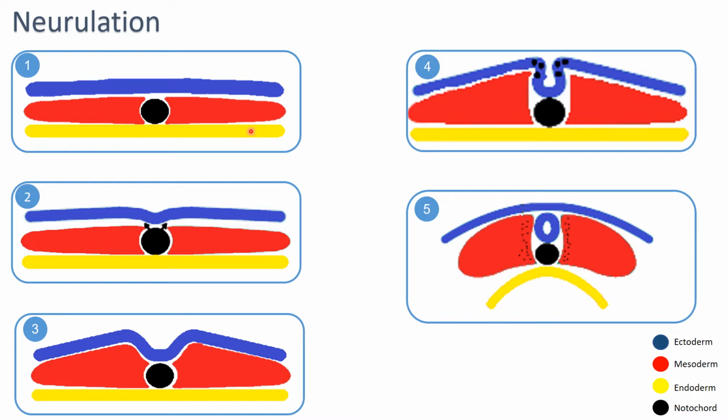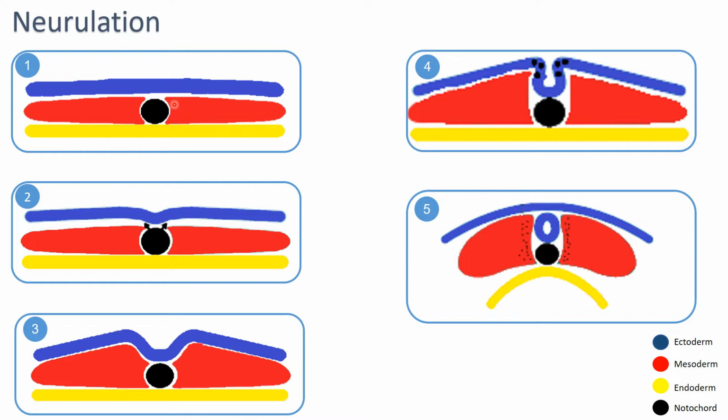And in yellow, you have the endoderm layer, and finally in black in the middle here, you have the notochord. Okay, so we start off looking at the blue in image 1. We have the neural plate.